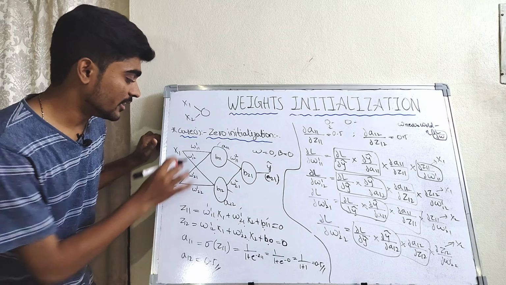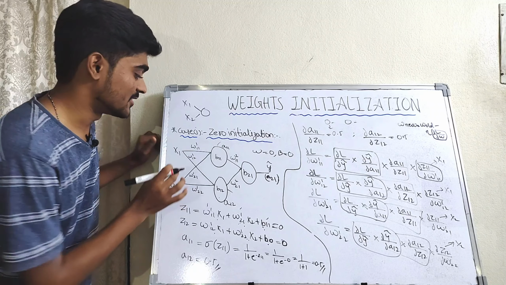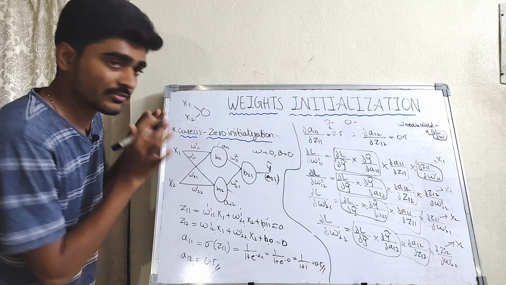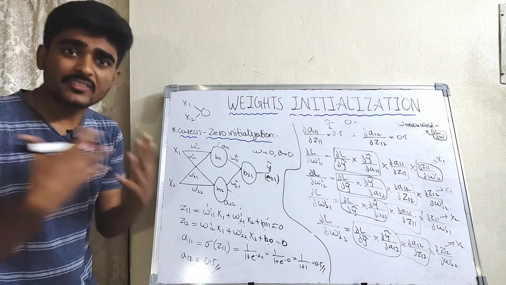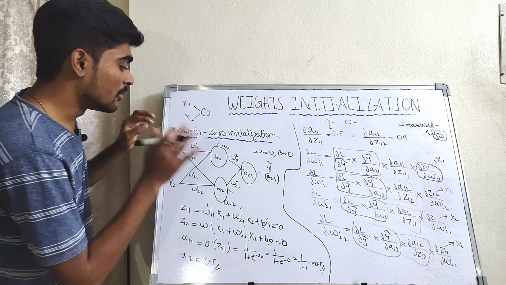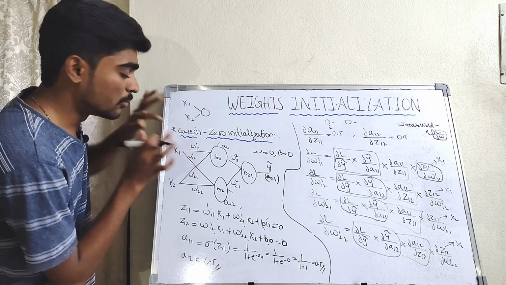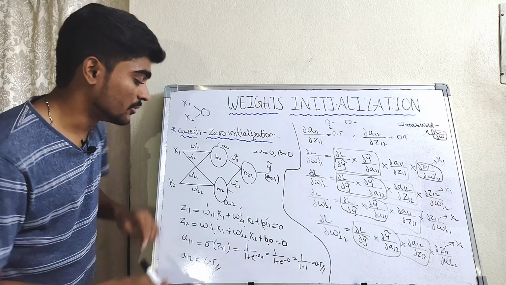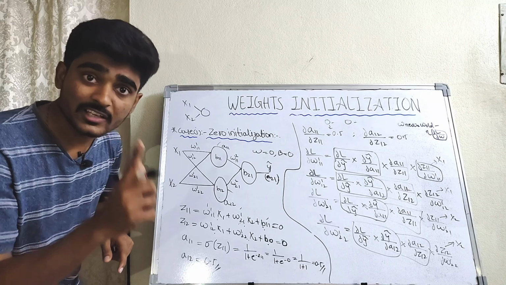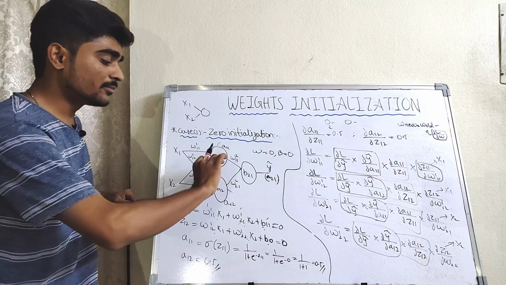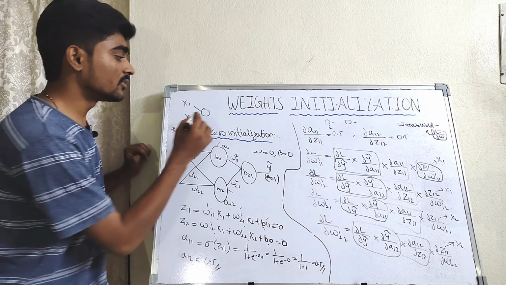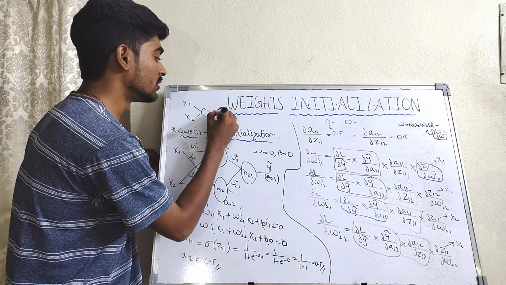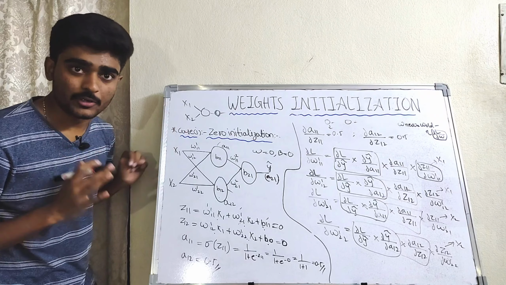It considers both these weight values as a single weight value, since they are always equal in the entire training process, and it transforms the two hidden units into a single hidden unit. So the architecture gets transformed into this form.